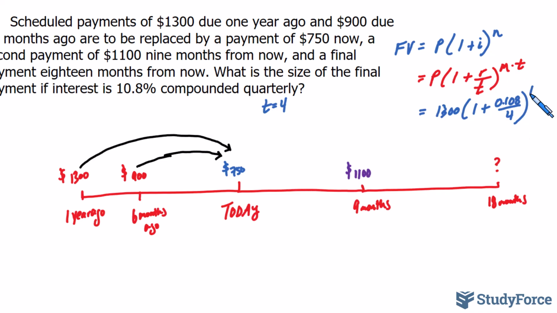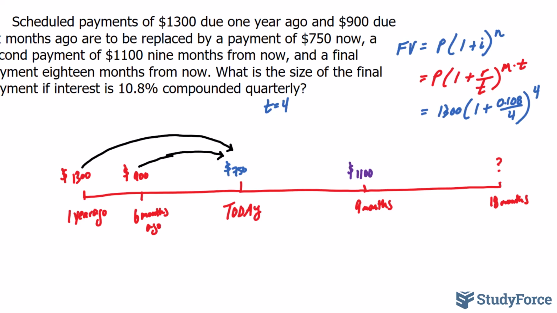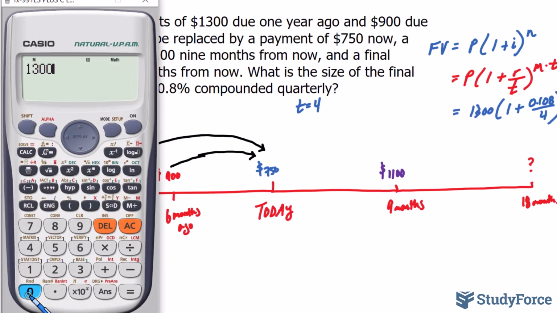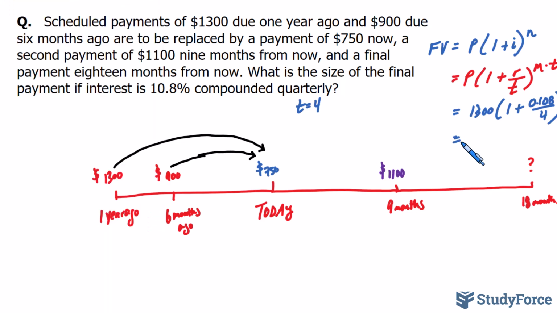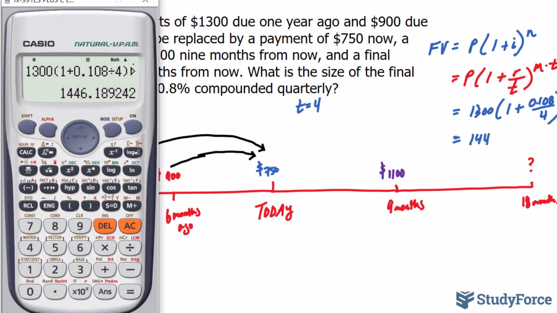So m would be 1, and t would be 4. 1 times 4 is 4. So let's find out what this value is. 1,300 times 1 plus 0.108 divided by 4 raised to the power of 4. So the future value of that overdue payment is $1,446.19.